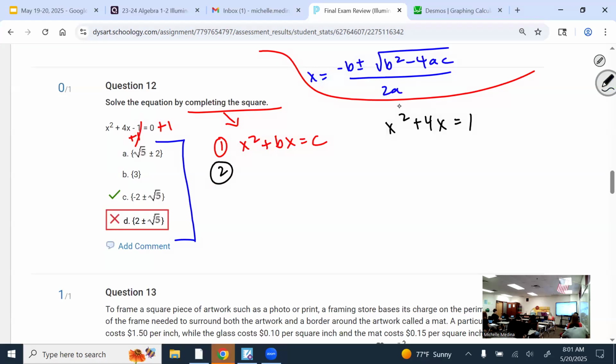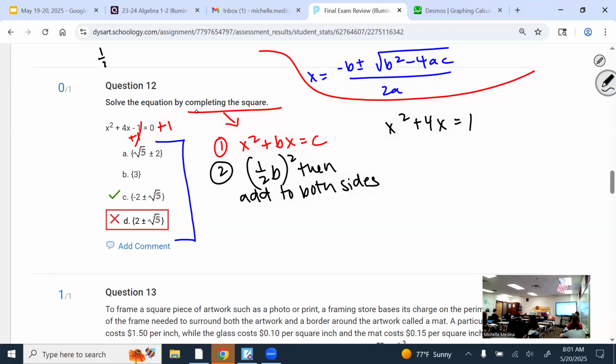What's step 2 of completing the square? Half of b, squaring it, and then what do you do with it? Okay, good. So what is my b value on this?